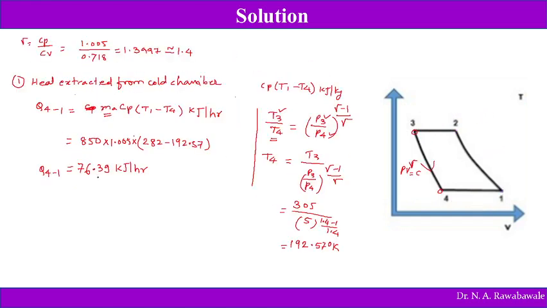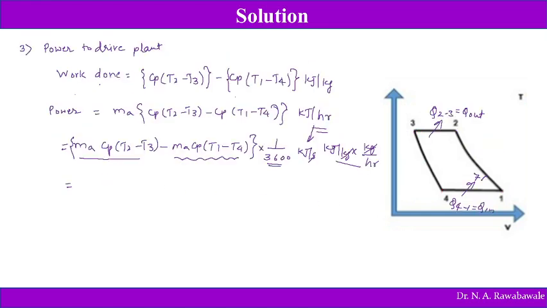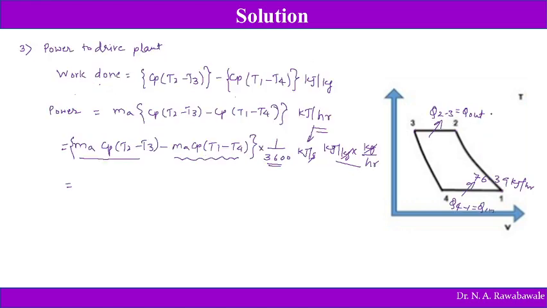Q4 to 1 is 76.39 kilojoules per hour, and Q2 to 3, just now obtained, is 120.99 kilojoules per hour. So here, 120.99 minus 76.39, into 1 divided by 3600.